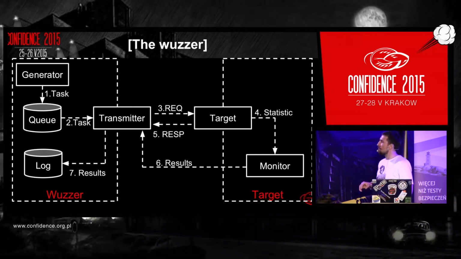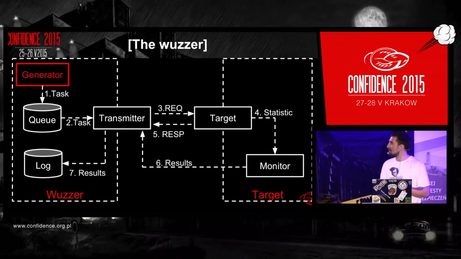Now let's look at each module in more detail. First, the generator, as already said, generates data. In my generator module, I use some fuzzing primitives from the Sulley framework, for example, integer generators, string generators, or delimiter generators. Also, the generator may contain fuzzing primitives to generate binary data.